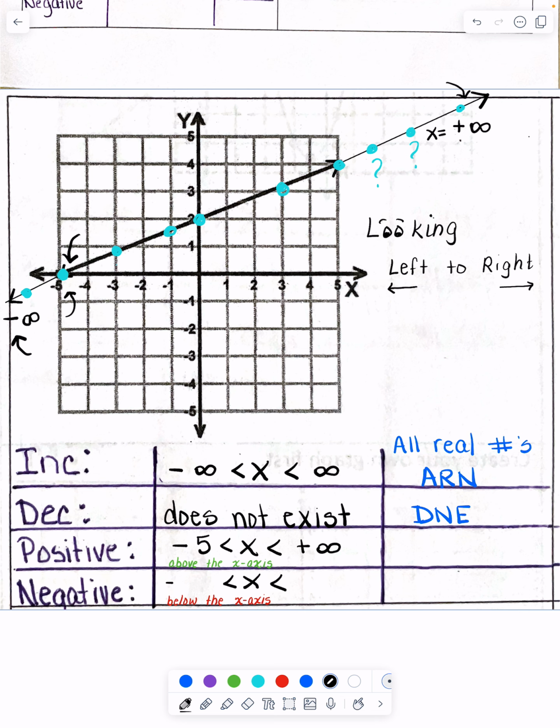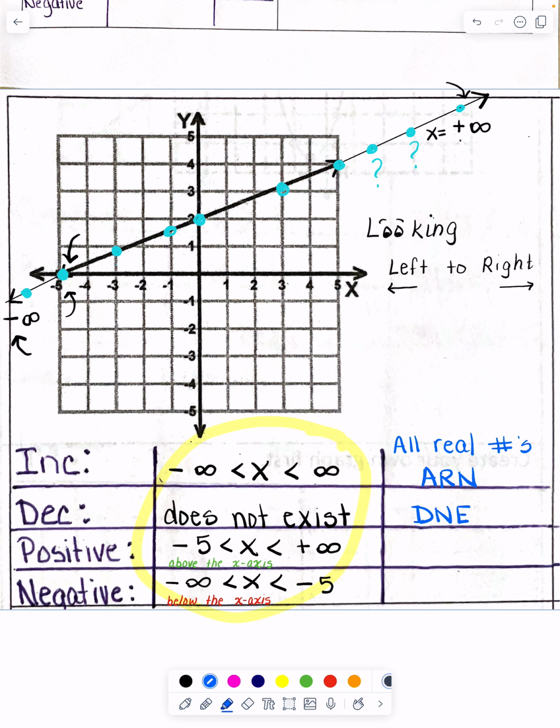So it started at negative infinity all the way up to just before -5. Now, this is the interval notation that you'll see me use in class. I'm going to focus on that. If you have any questions as to why I choose to use this, let me know. And then we're going to talk about how else it can be noted.